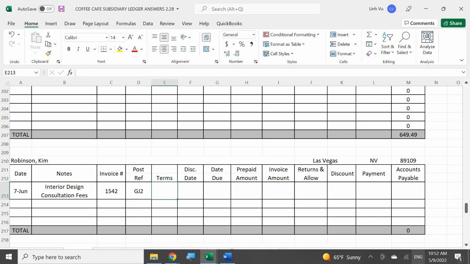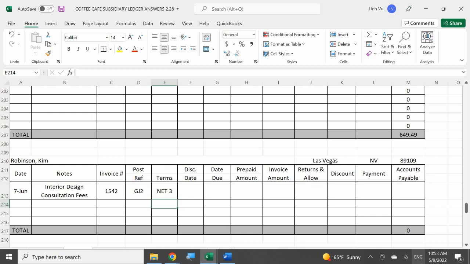Now, terms. Was I given terms? Yes, I was. I was given that I owed in 3 days. So that's going to be considered net 3. A term is just telling you what the end date is. That's the most important thing about terms: you're not obligated to either receive or give a discount.